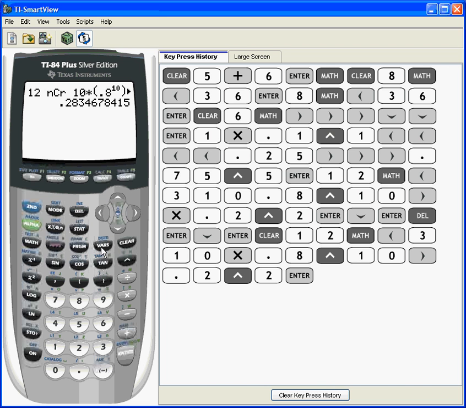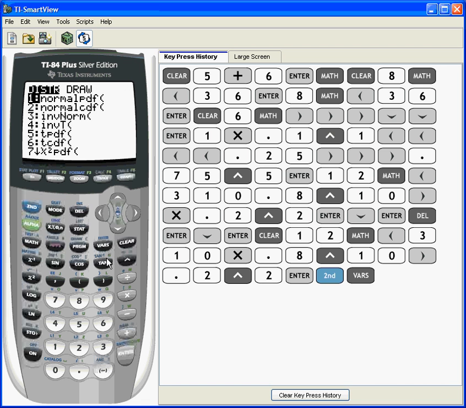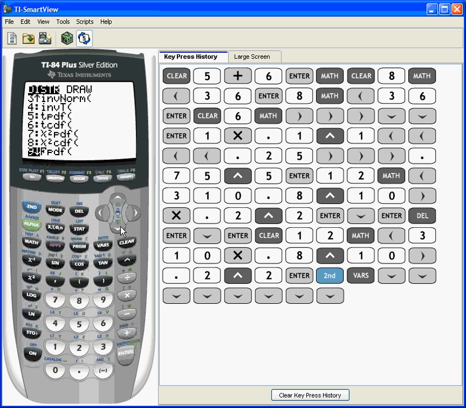Right here above your VARS button, which stands for variables, you have DISTR for distribution. If you select second and distribution, you get this list. It says normal, inverse normal. If you arrow down, there you'll see binomPDF and binomCDF.